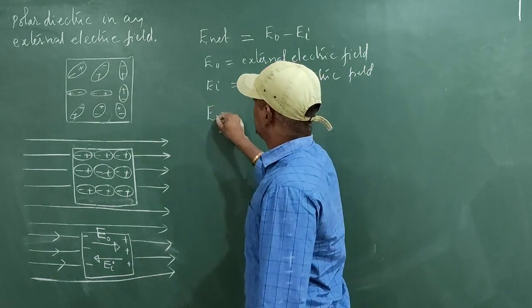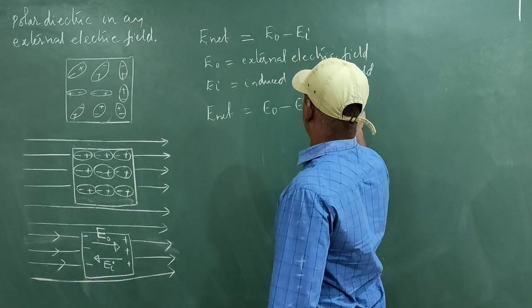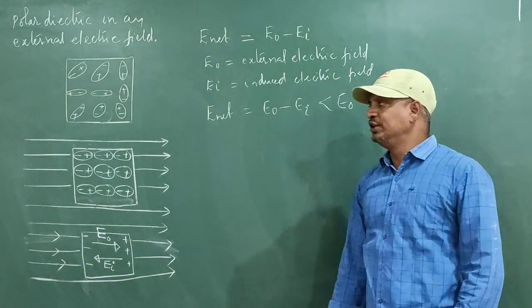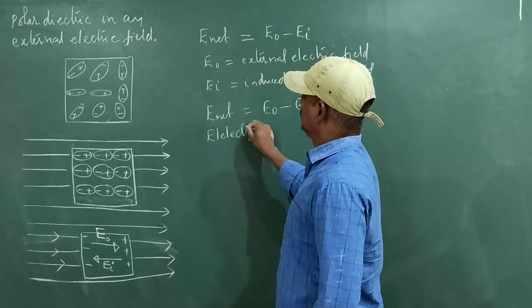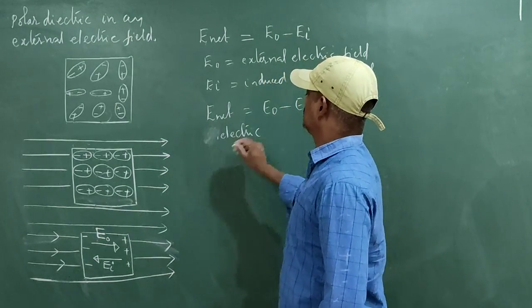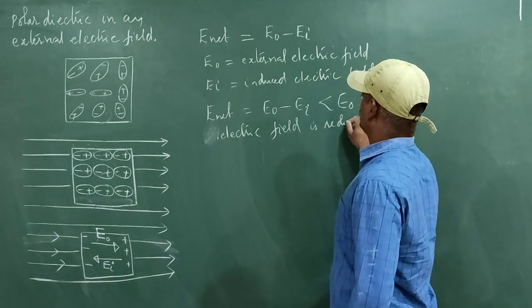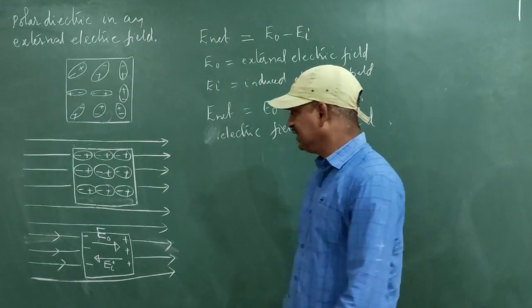The net electric field E naught minus Ei is less than E naught. So the electric field is reduced.